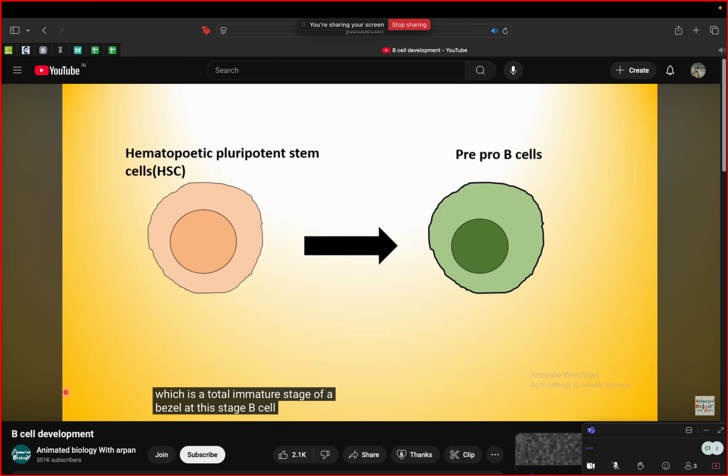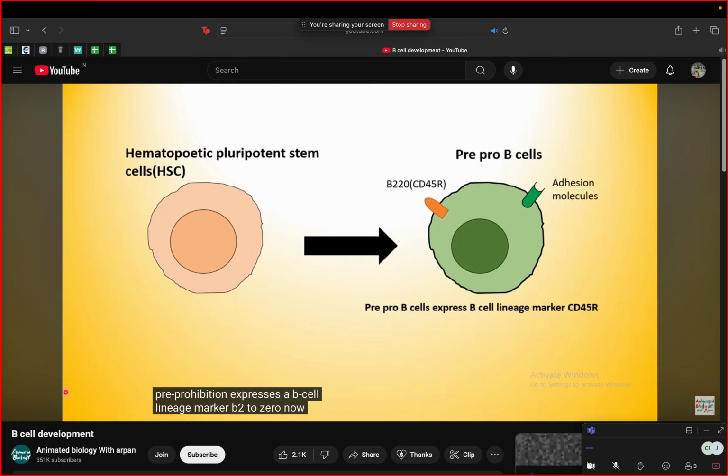At this stage, the B cell expresses some adhesion molecules. Also, this pre-pro B cell expresses a B cell lineage marker B220. Now, also at this stage, the B cell expresses another transcription factor which is known as EBF1, and we would learn about EBF1's function and its role in B cell development.